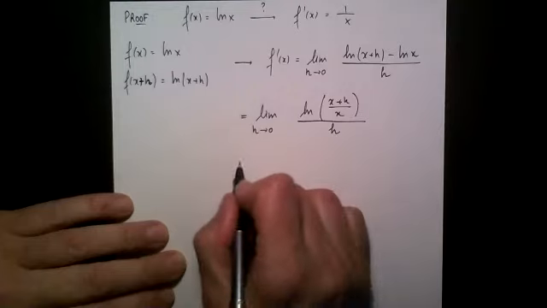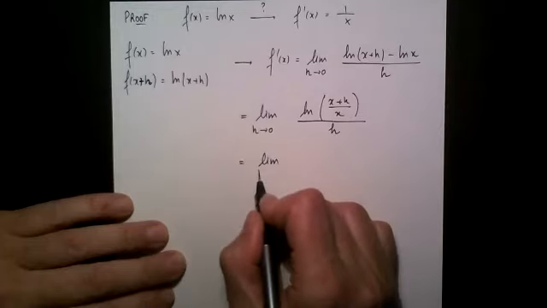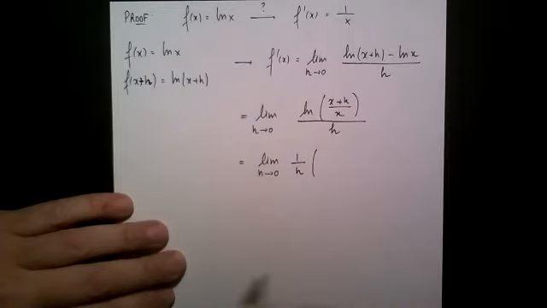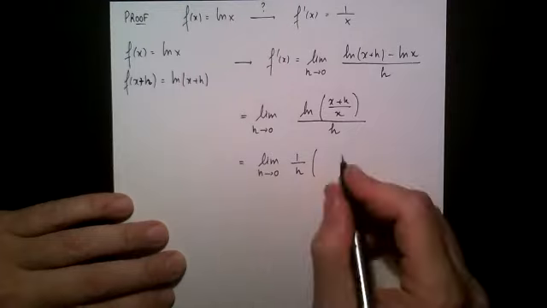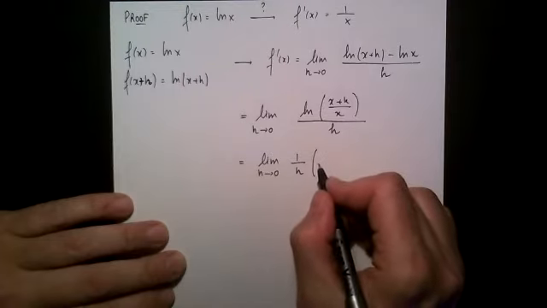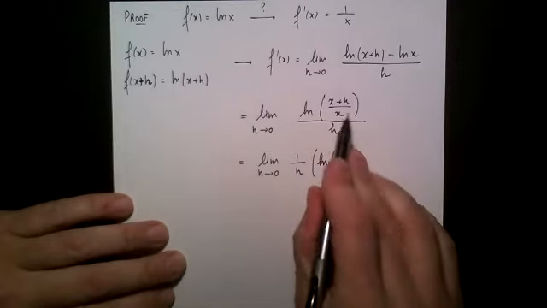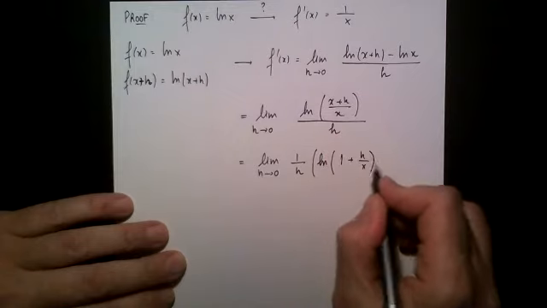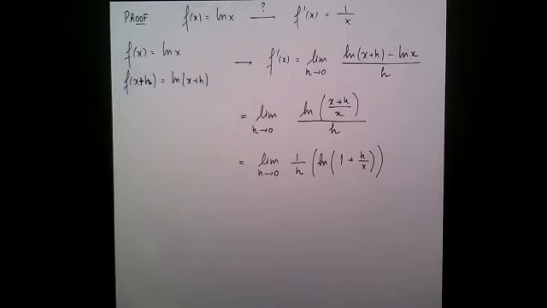Okay. Let me just write it a bit nicer. I'm going to put 1 over h in front, times the ln of, well, x plus h over x is like 1 plus h over x. Can you explain the 1 plus h over x?